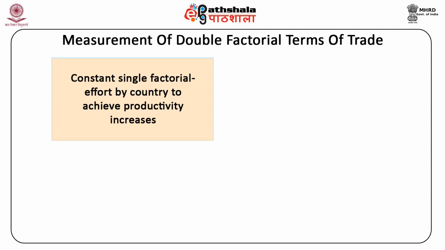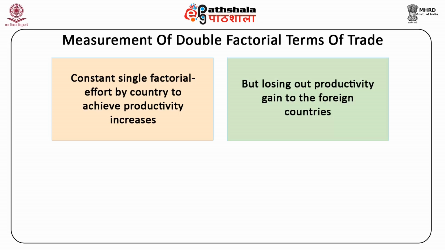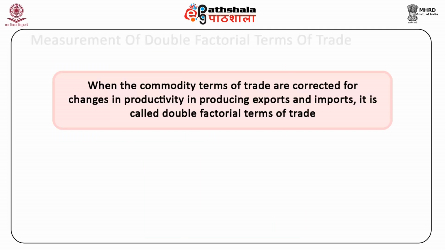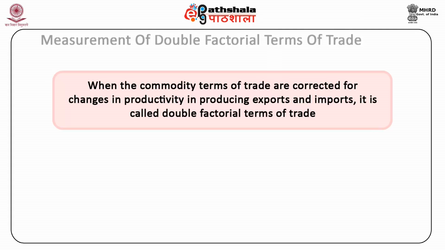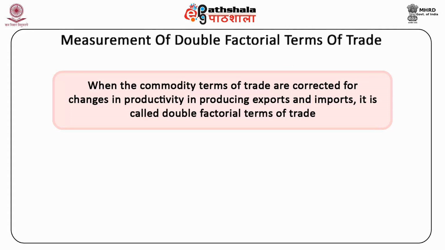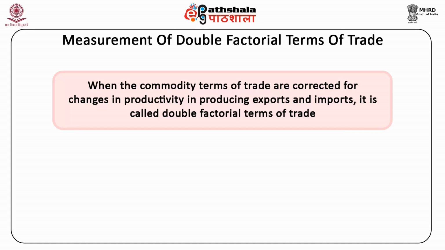Constant single factorial terms indicate an effort by the country to achieve productivity increases within, but losing out that productivity gain to the foreign countries and thereby helping to increase the standards of living in the foreign countries, but not within itself.